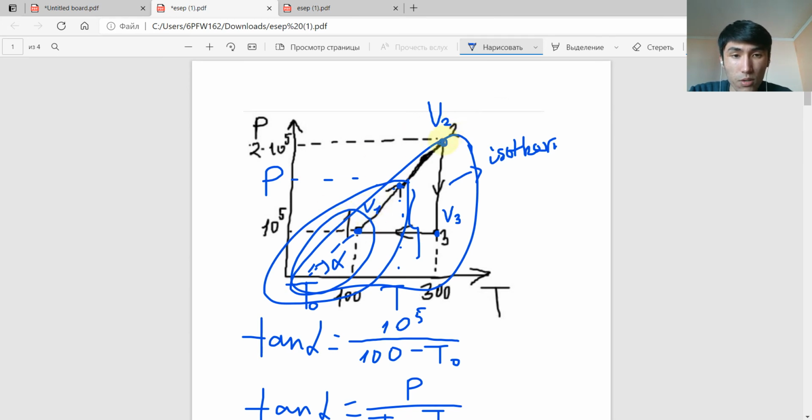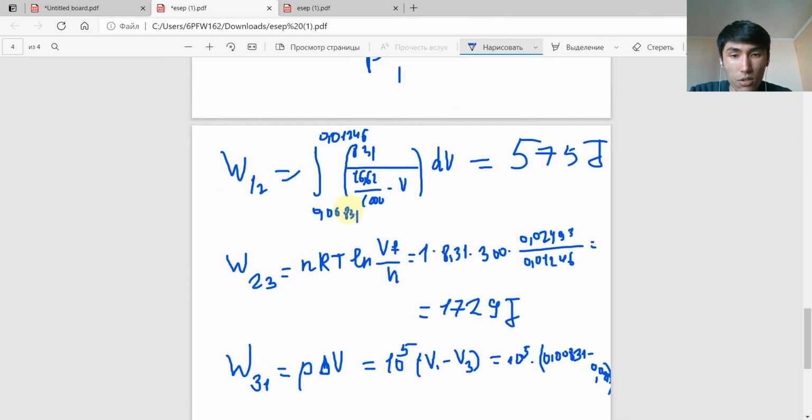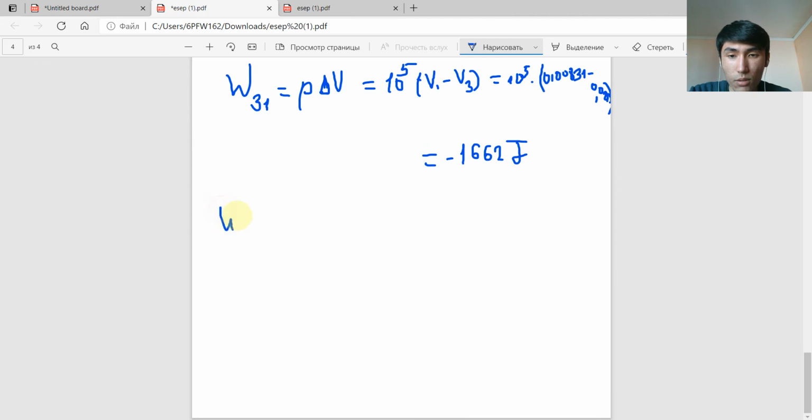So we found all this work in each situation: 1 to 2, 2 to 3, and 3 to 1. So we can find the total work. Total work equals W12 plus W23 plus W31, right?